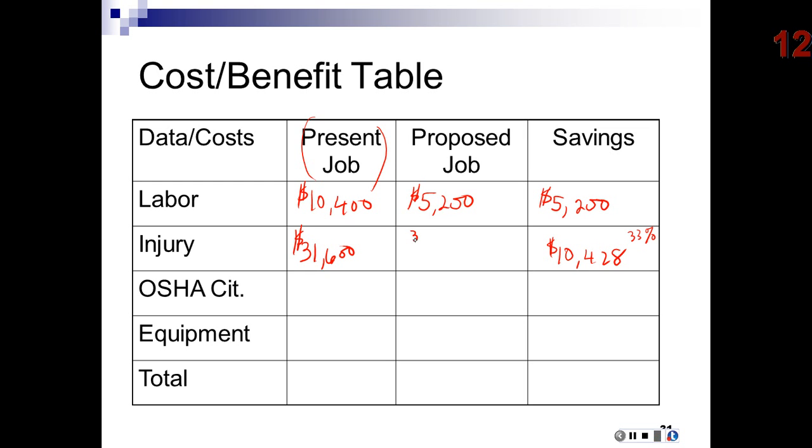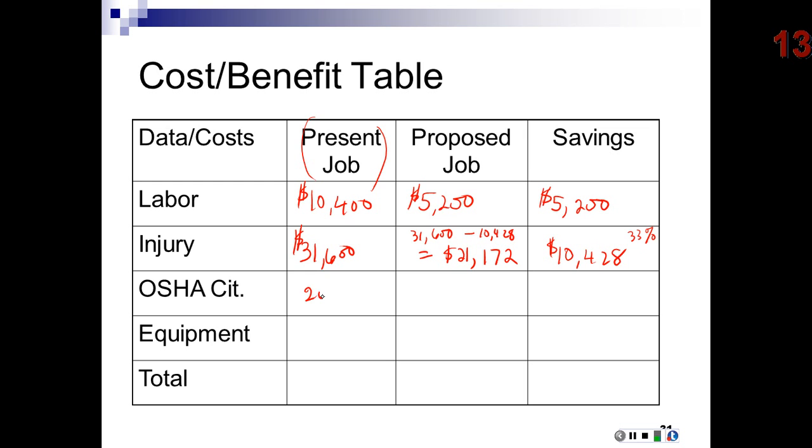So the cost of that will be our $31,600 minus our savings, $10,428, which is equal to, for the proposed job, there's still a chance we'll be paying $21,172 for injury. And again, you don't promise no injuries, but you do reduce the potential for it.